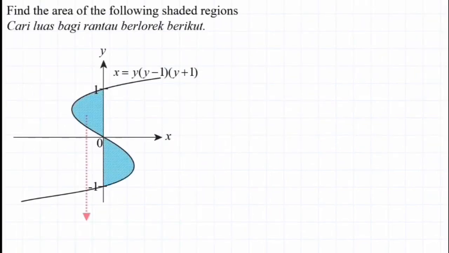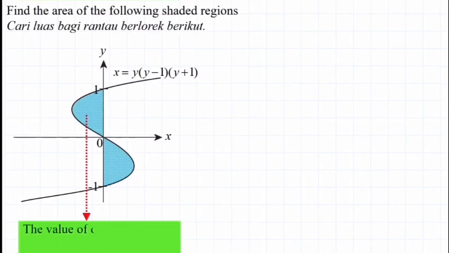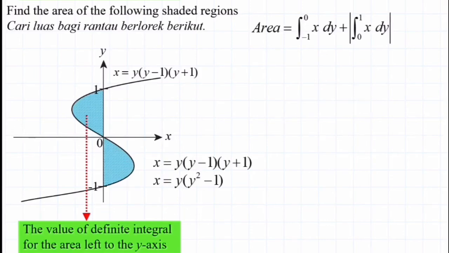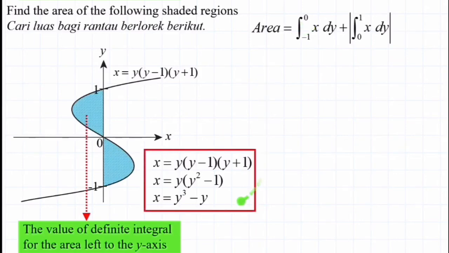And we will simplify, and then we will use a modulus to make it positive. Okay, let's see, this one is a combination of negative and positive, one to the left and one to the right, right? So for the one to the left of the y-axis, the area will be negative. The one to the right of the y-axis, the area will be positive. So we have to use a modulus to make it positive. Integrate from -1 to 0, x dy is positive, but integrate from 0 to 1 is negative. Okay, so we have to take the modulus.